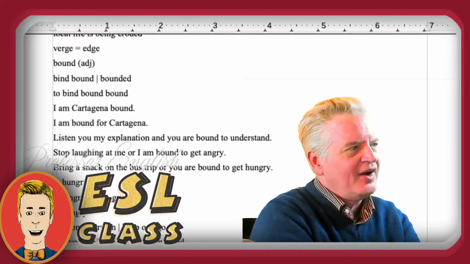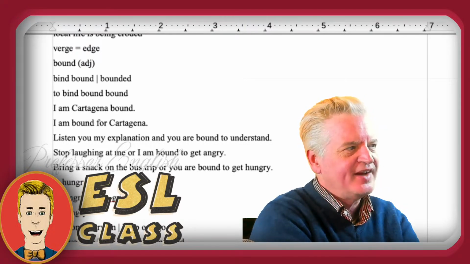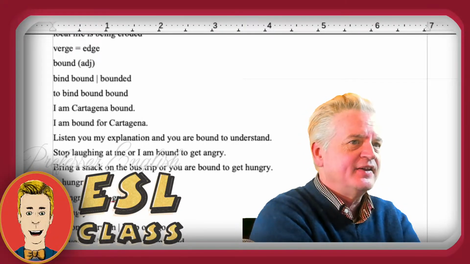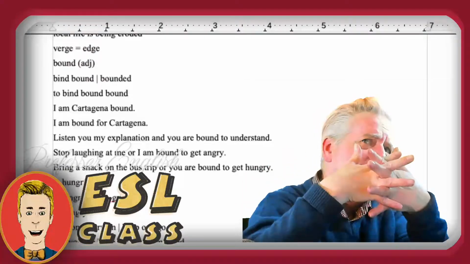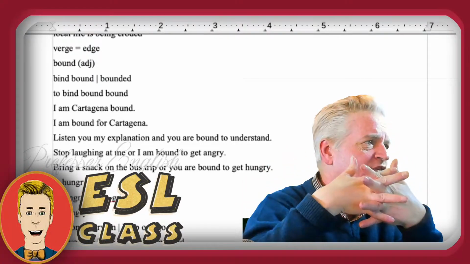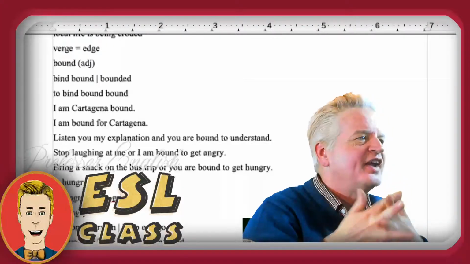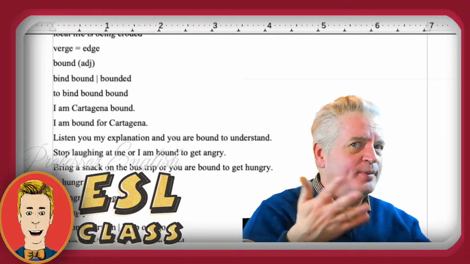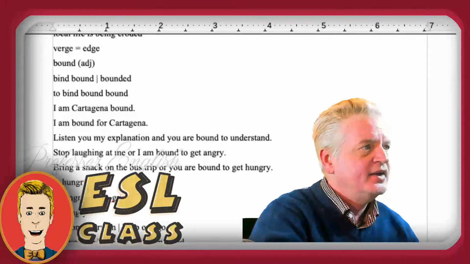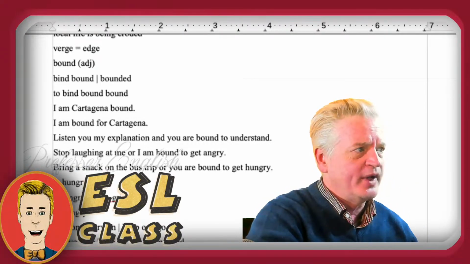So I wrote, I am bound for Cartagena. That means I will be joined, or Cartagena and I will be together. I am bound for Cartagena. Or I'm Cartagena bound, which means that's my destination. I'm going to be joined with Cartagena. It's used sometimes in that way.